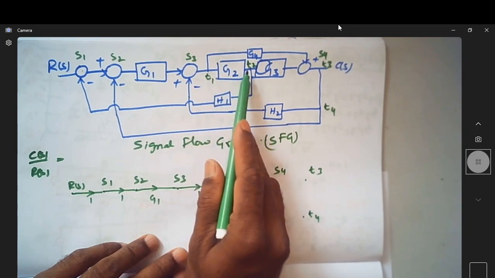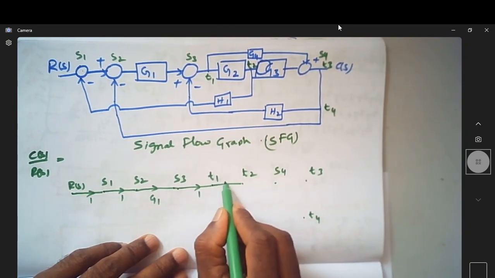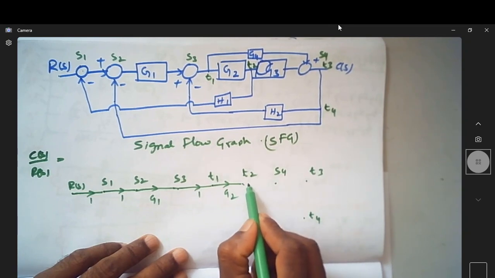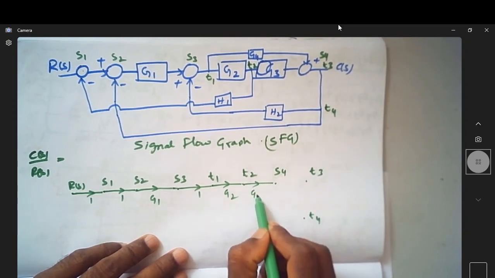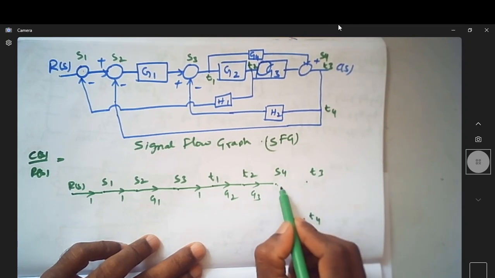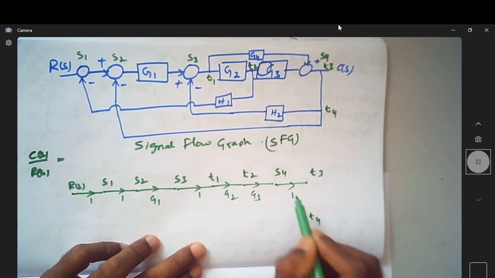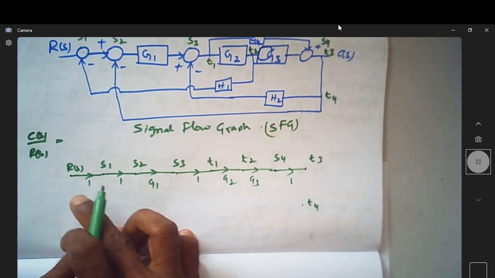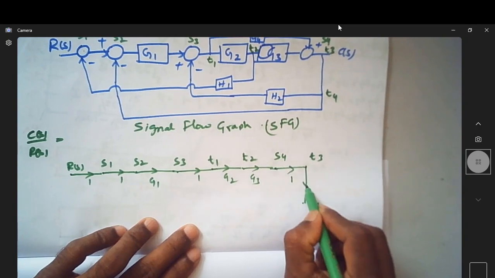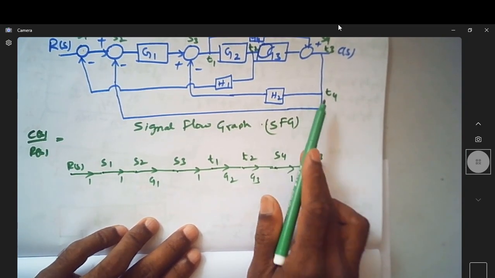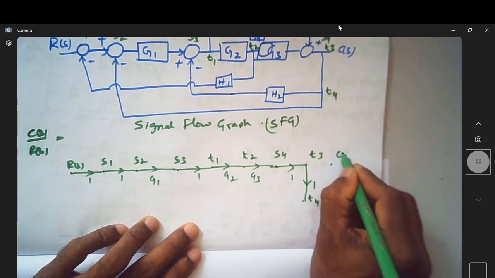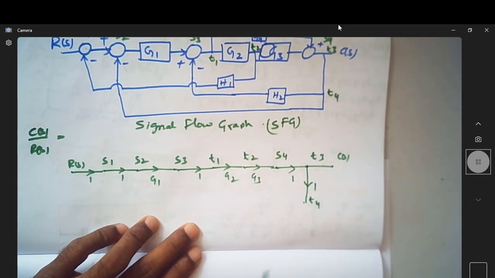Between T1 and T2 I have a gain of G2. Between T2 and S4 it is G3. Between S4 and T3 it is again 1. So we have this part, and between this and this it is again 1. And now I have this as my CFS, which is my final point.